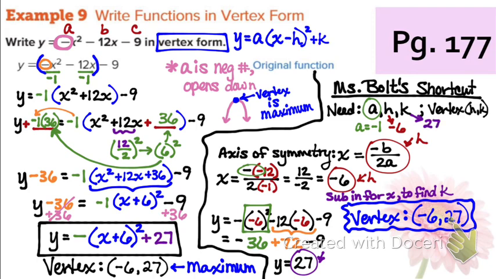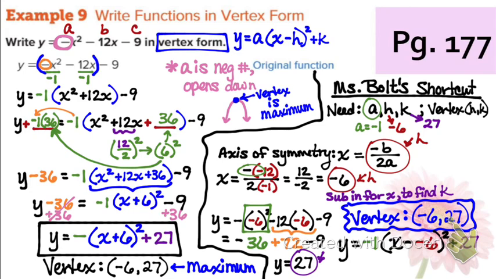H and K. Y equals, what am I putting in for A? Negative 1. X minus H. So X minus negative 6 squared. Sorry, let me write this in red real quick. There we go. Plus K, which is 27.